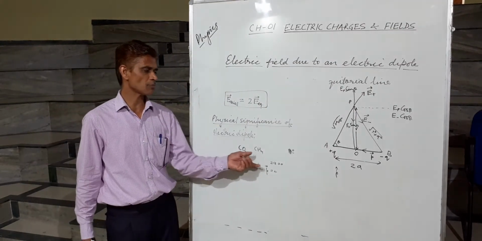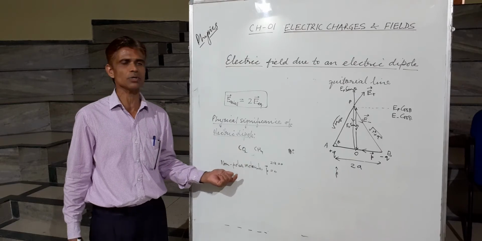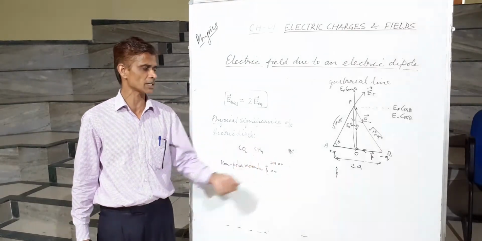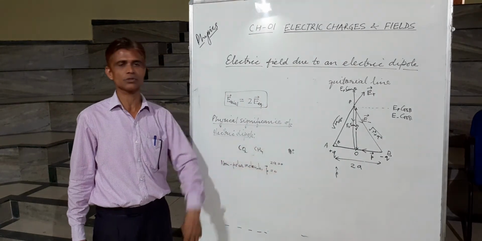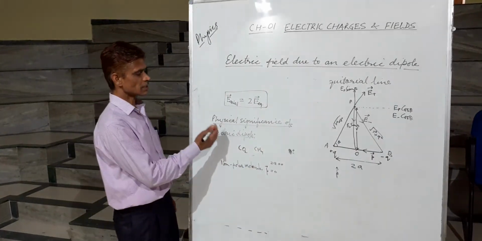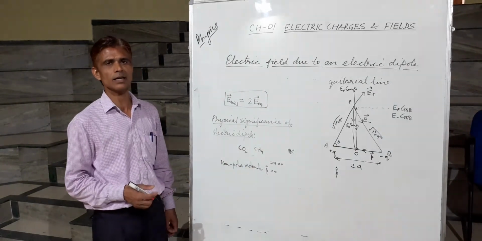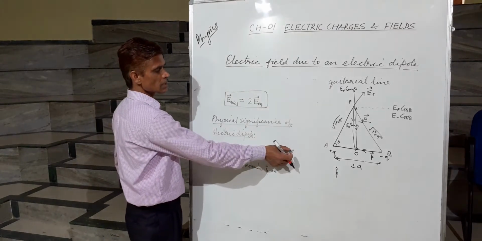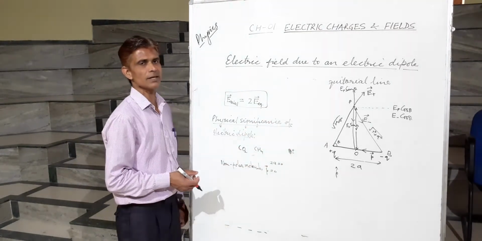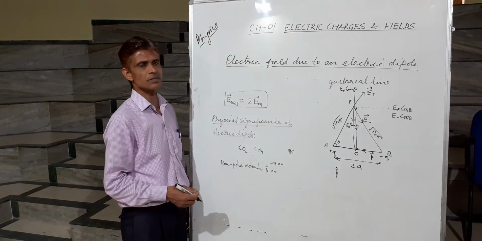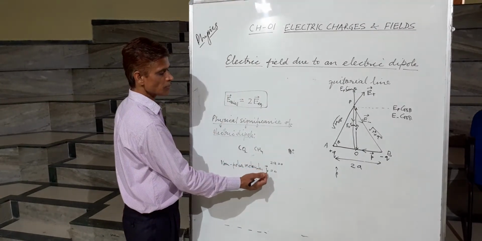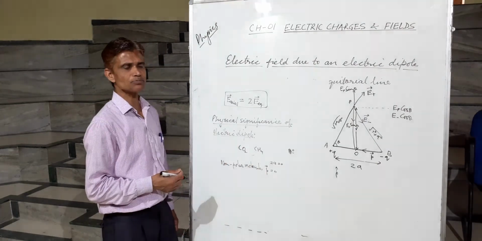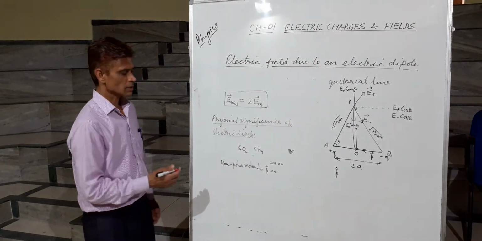Individual dipole moment of a non-polar molecule is 0 because the centers of positive and negative charges coincide, and therefore 2a is 0, so p is 0. But when this material is kept in an external electric field, the centers of positive and negative charges separate, and each molecule has its net individual dipole moment, not 0.